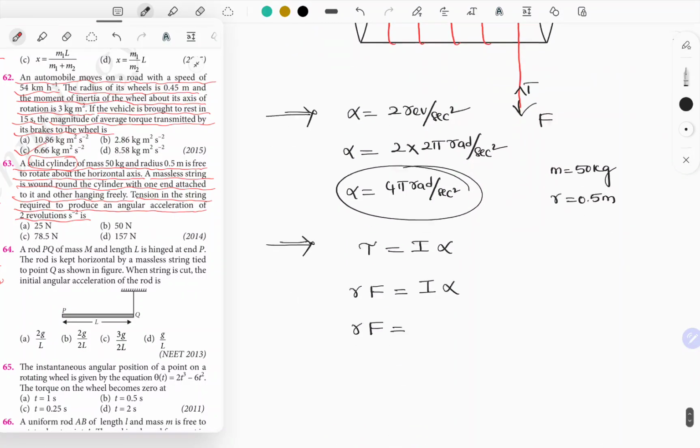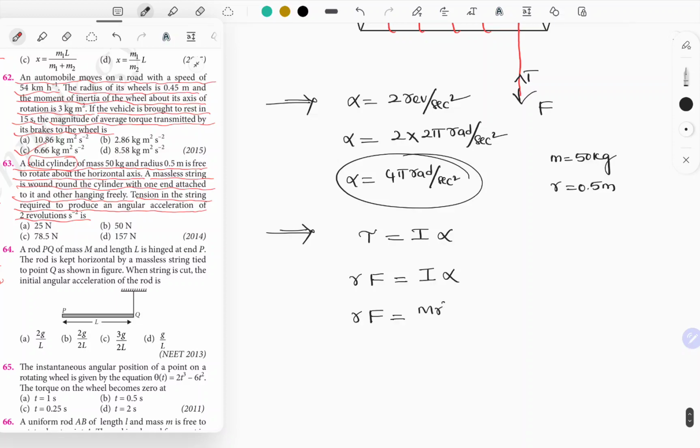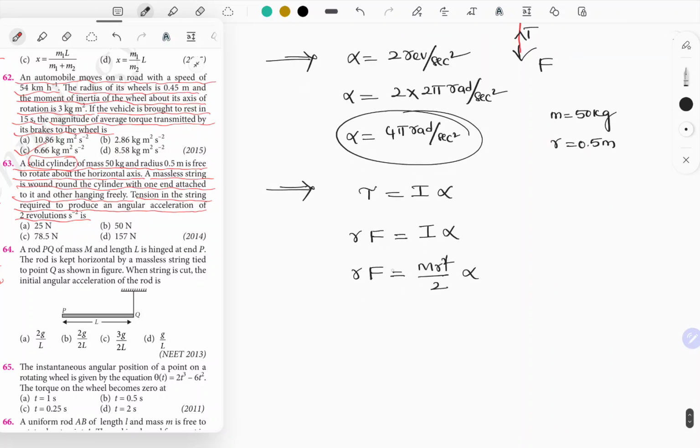So the moment of inertia formula is m r square by 2, times alpha. R will get cancelled. Then F is equal to m, the mass of that object, 50, into radius 0.5 meter divided by 2, into alpha, which is 4 pi radian per second square.